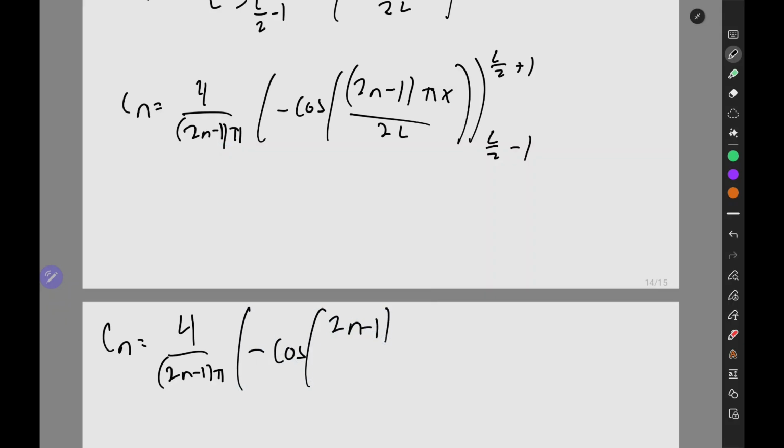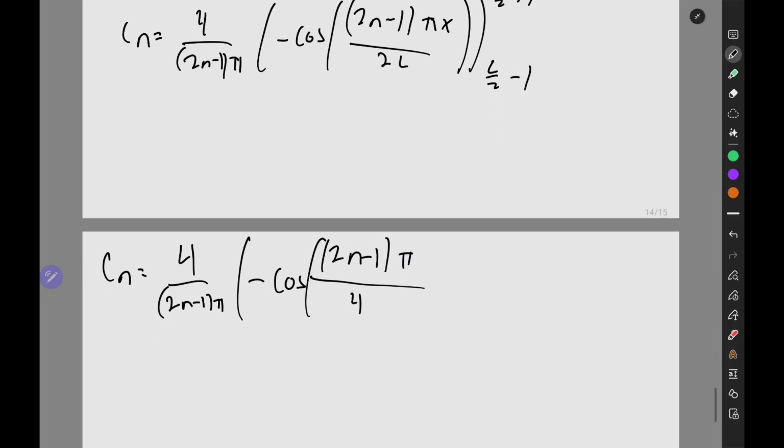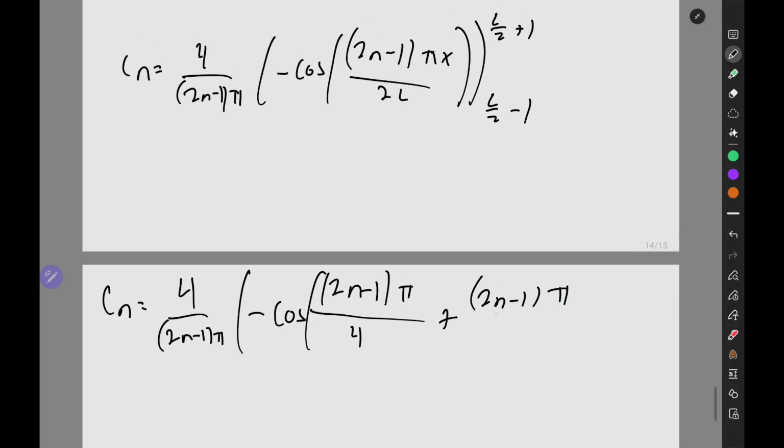That's 2n minus 1 pi times x. So divided by 2, this will make that 4. And then times L cancels out. We have plus 2n minus 1 times pi. This is just the one case over 2L. Easy enough.